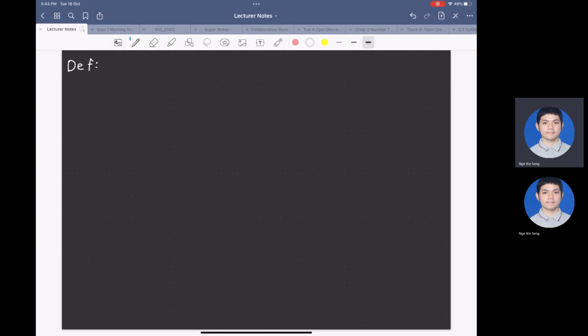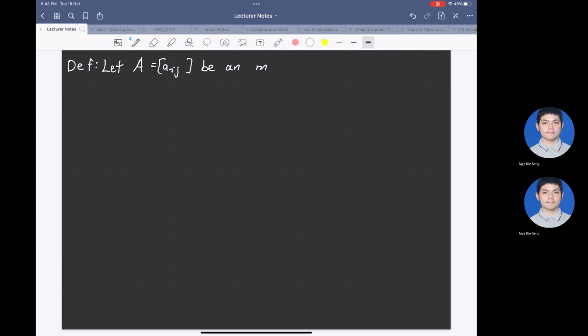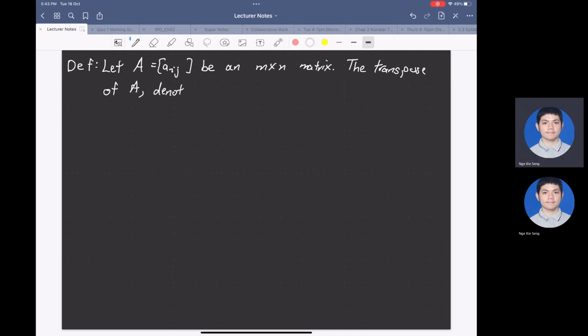Okay, next. If we have an n by n matrix, we can consider the transpose. What's the transpose of A?